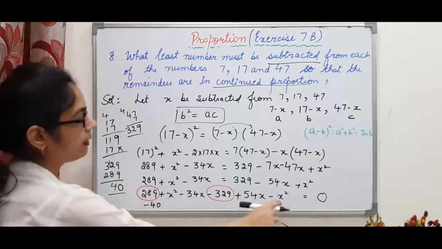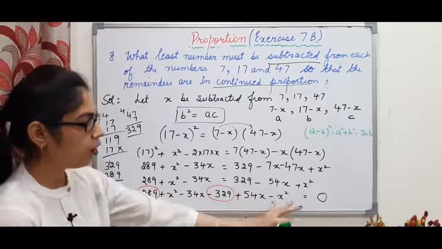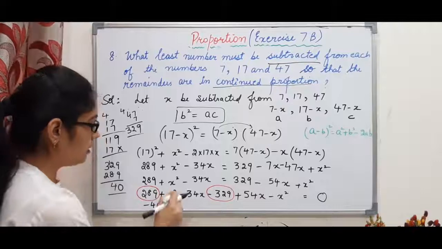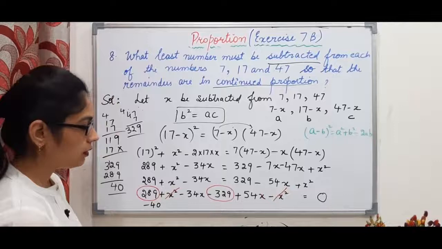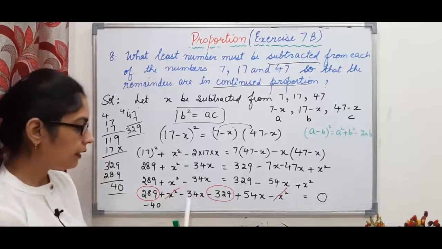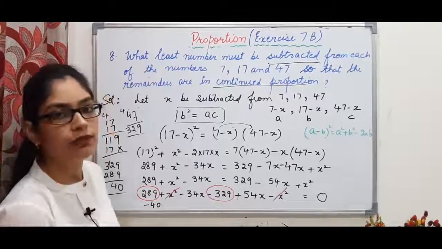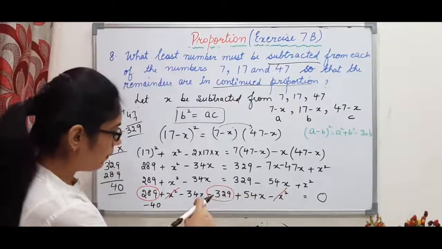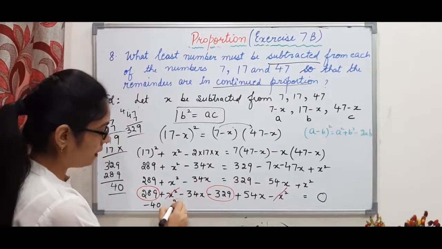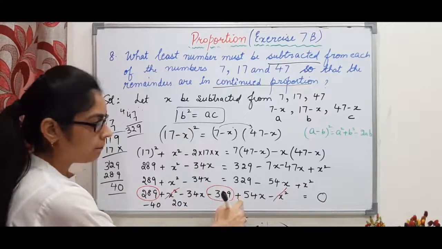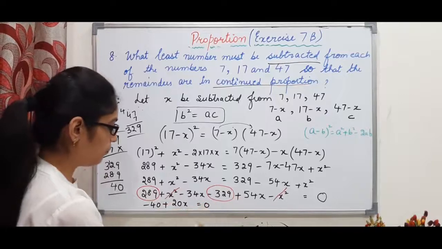Now x square and x square, but both x square and x square are the same with opposite sign, so x square minus x square is 0, so directly you can cancel. Now we have minus 34x plus 54x. Again these two are like terms, we can solve. Plus minus minus, but the sign which is with the greater number. So 34 minus 54 is, or 54 minus 34 is 20, so 20x we can write, but with 54 which is the greater number, plus sign is there, so plus 20 it will be.